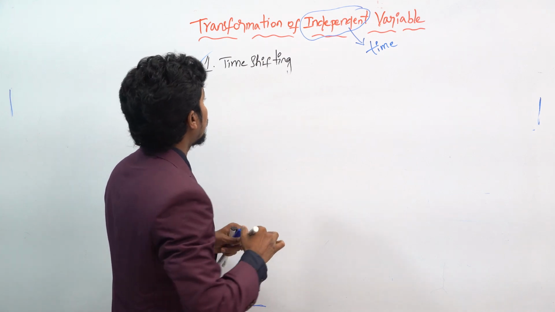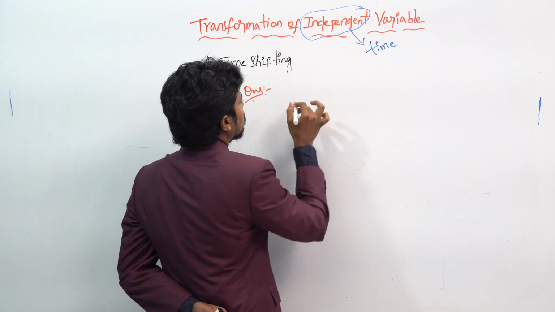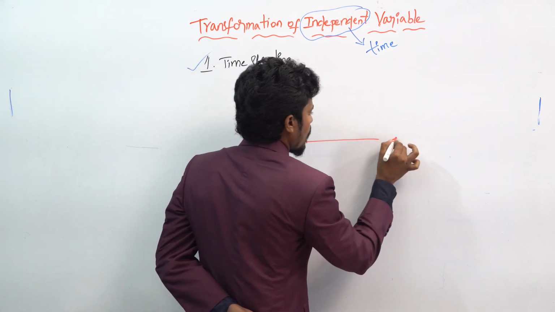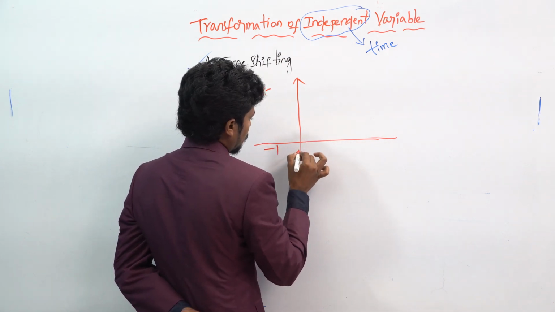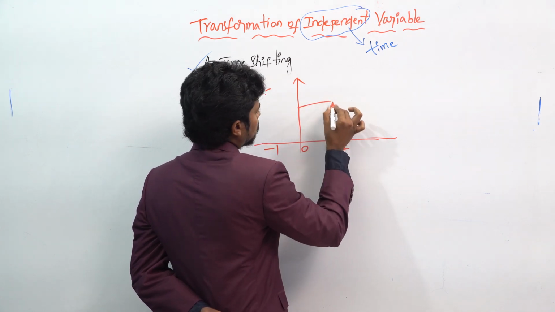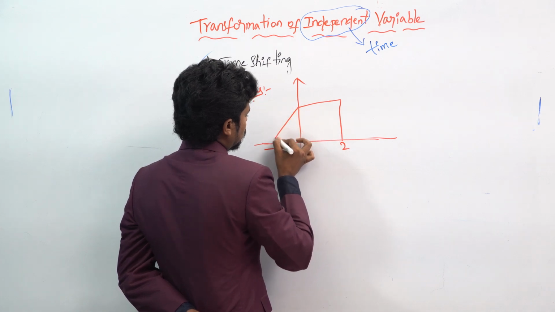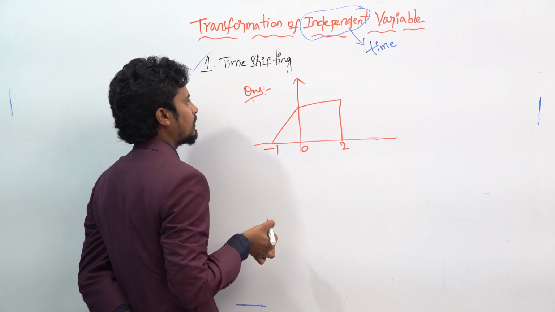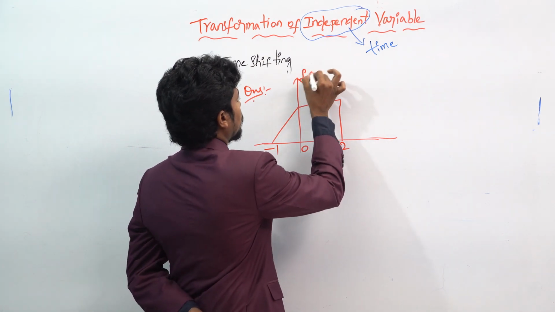So the question will be like this: given the plot with points at 0, 2, I have to find f of t.